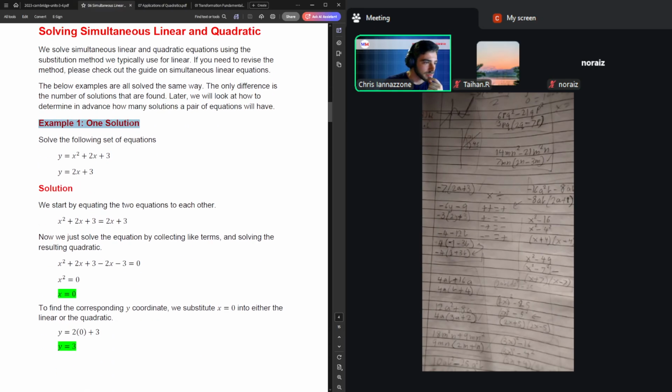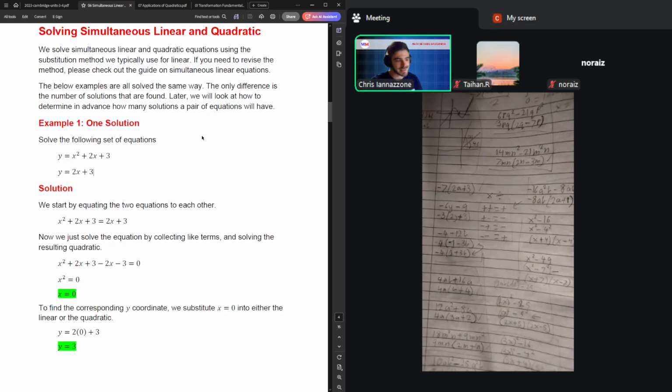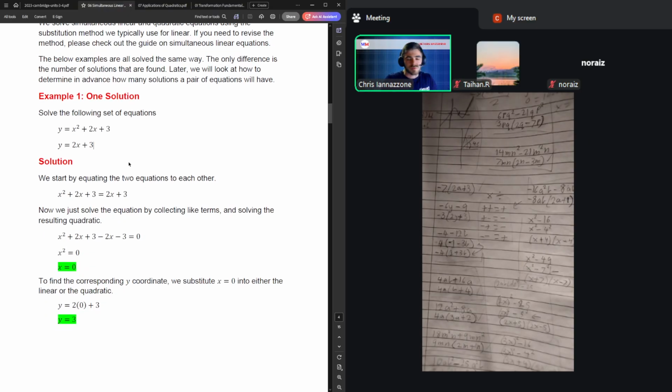So for instance, if we work with our one solution approach, so we're trying to solve the set of simultaneous equations, a very basic example here, it's just a quadratic and a linear. There's no other coefficients in there that are unknown. We solve this the same way we solve any other simultaneous equations, which is just equate the two things together, thus you cancel out one of the variables, in this case y.